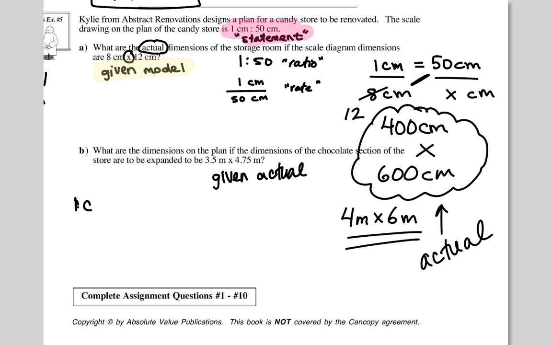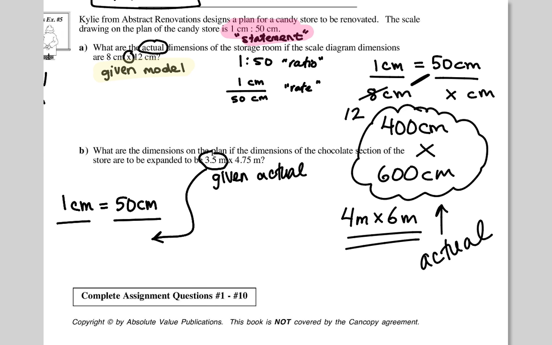I know that 1 centimeter goes with 50 centimeters, model to actual, and I was given actual. So I got to put 3.5 right there. But I'm a smart individual. In the numerator, I have centimeter. So in the denominator, I also need centimeter.